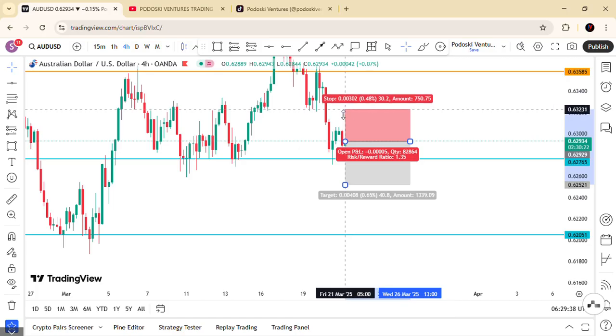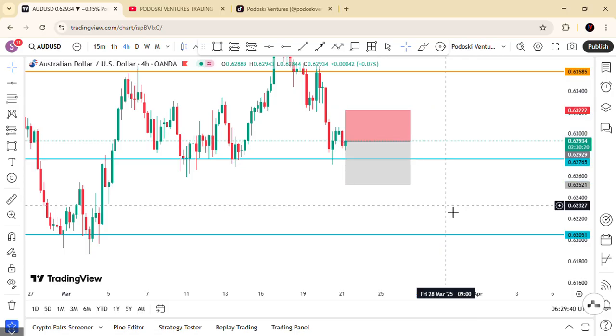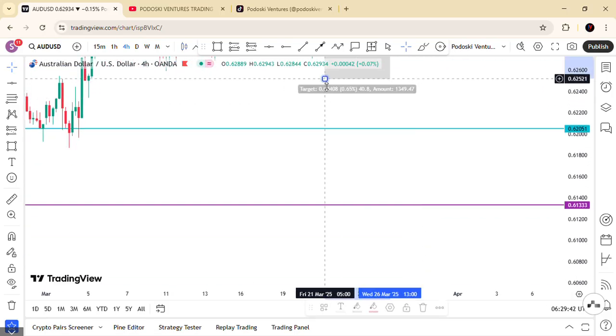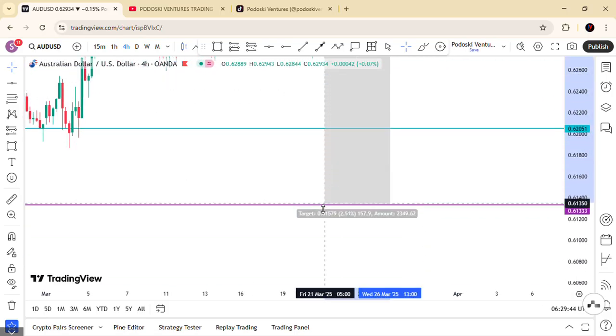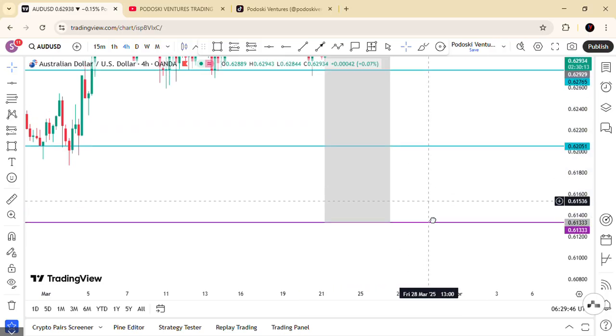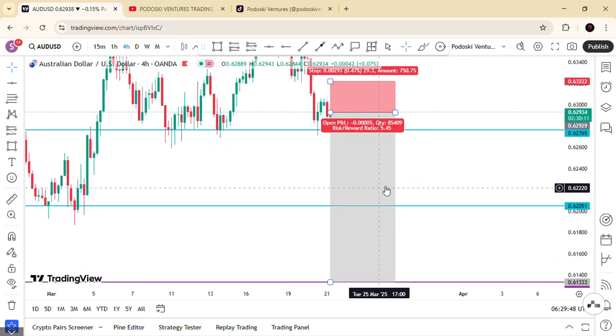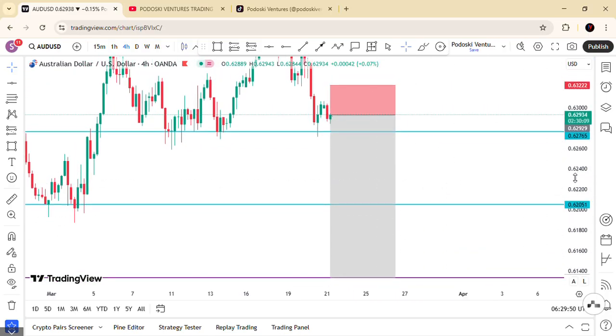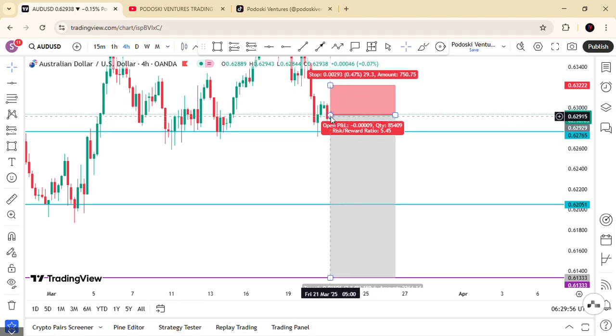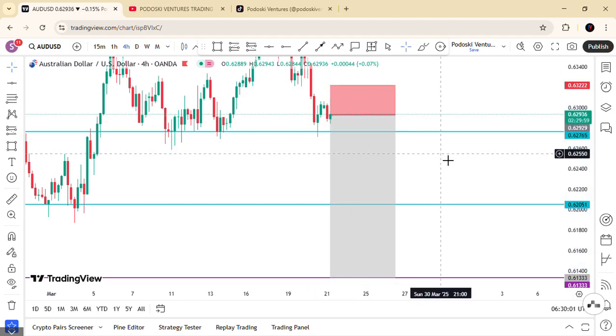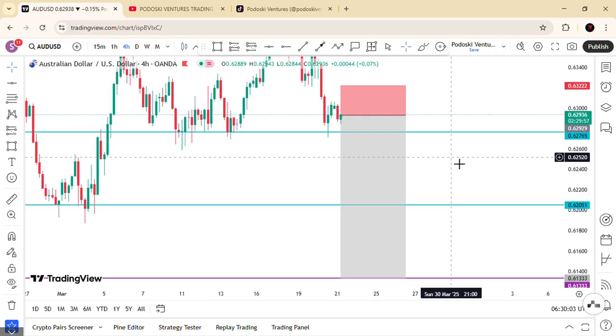So my stop loss will be there, and I'll be targeting the monthly low, which will be 1:5 RR, not bad though. So yeah, this is also how I'll take my trade on AUDUSD.